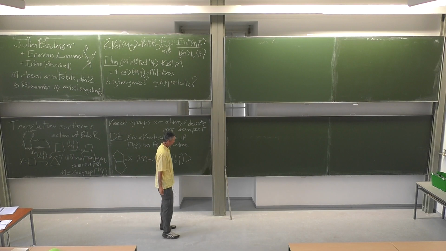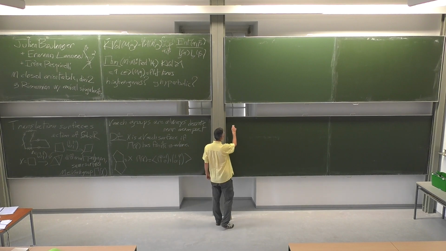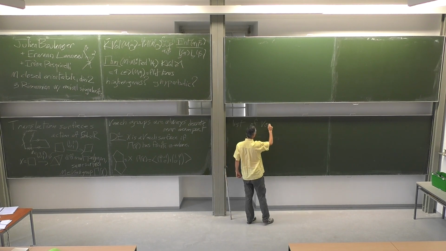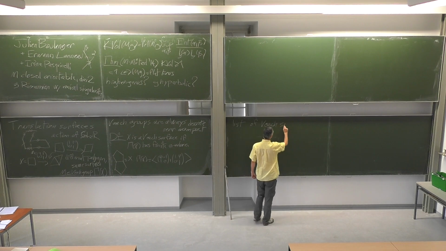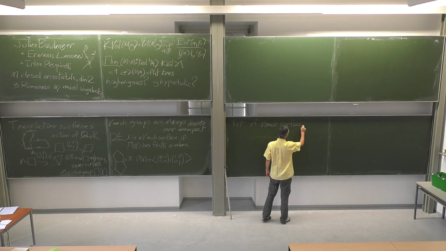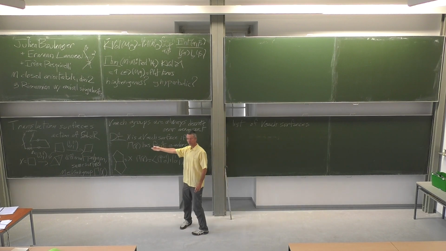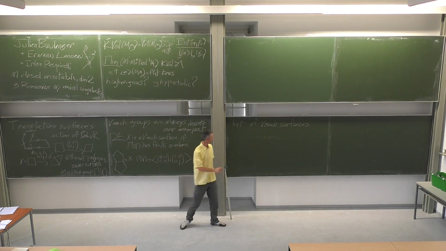So who are the Veech surfaces? So here is an almost complete list. So you have the regular polygons.